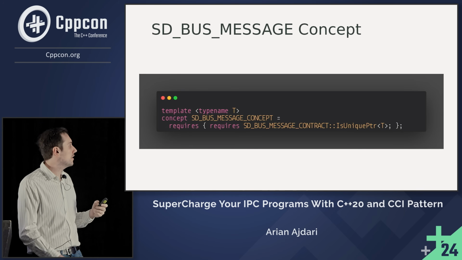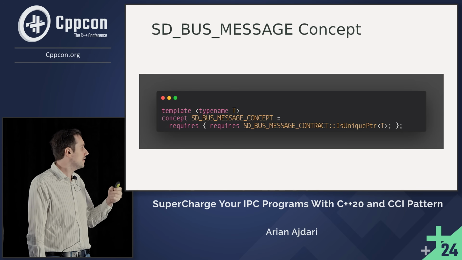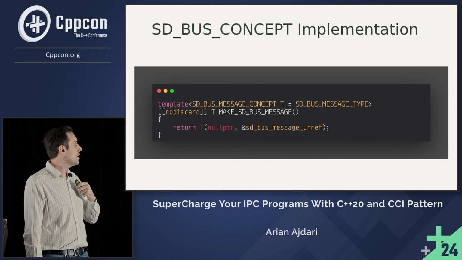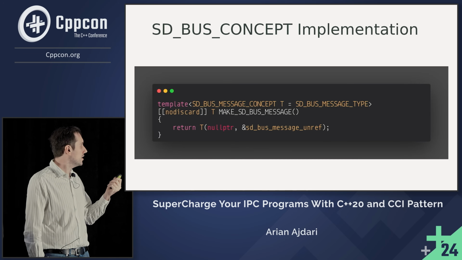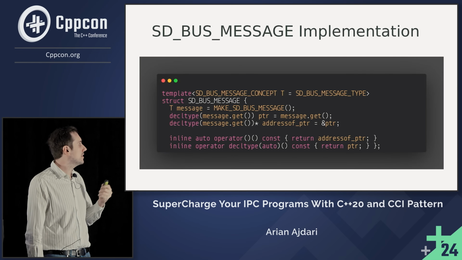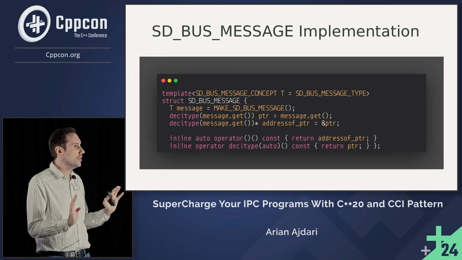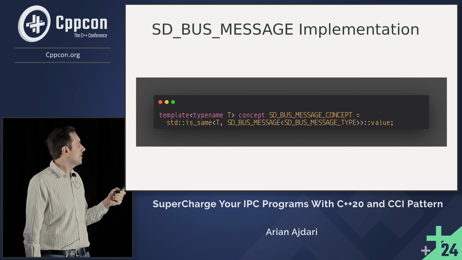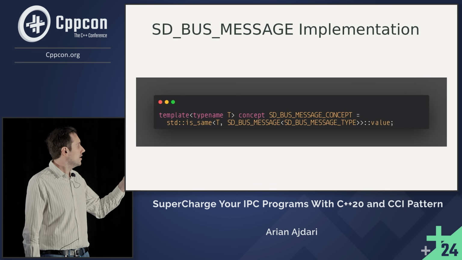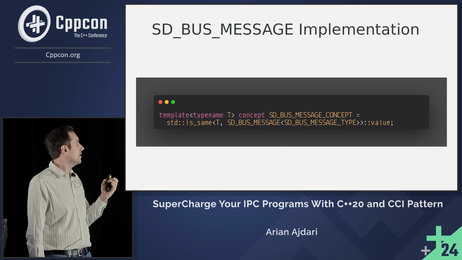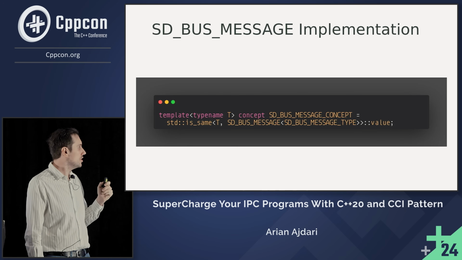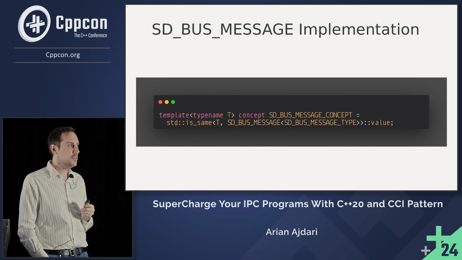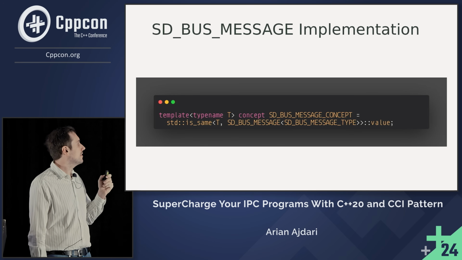And we specify the clause of is it a unique pointer inside the sdbus message contract. It's also very similar how we create the helper function. And in the end, the implementation is the same as for the bus object. Here, we make sure that when we use an sdbus message type inside of a function, which we will use later at sdbus call method, all the constraints have been satisfied.